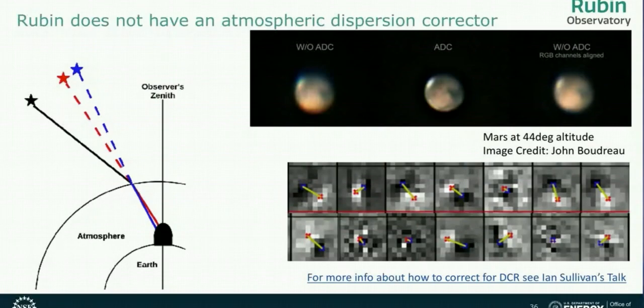For the Rubin Observatory, we're going to be handling this with software. One way to do this is to manage the PSF models as chromatic objects, and another way is to correct for the differential chromatic refraction when generating the coadd templates. For more information about how to do that, take a look at Ian Sullivan's talk at the Algorithms Workshop earlier this year.